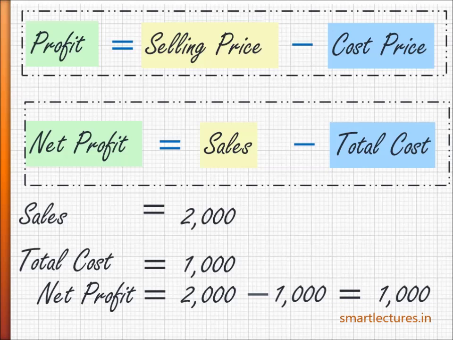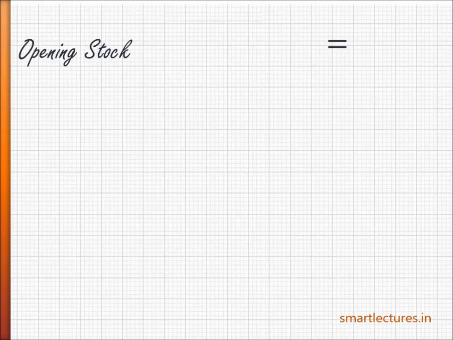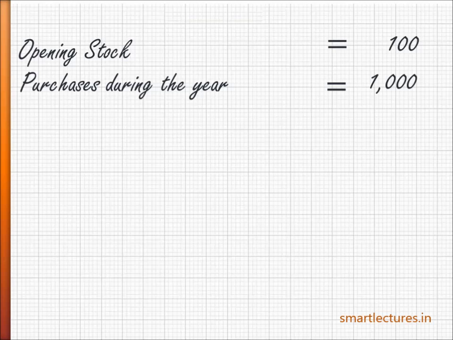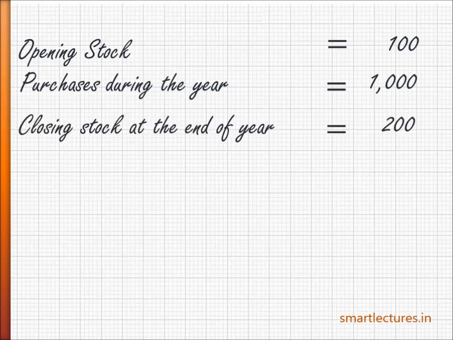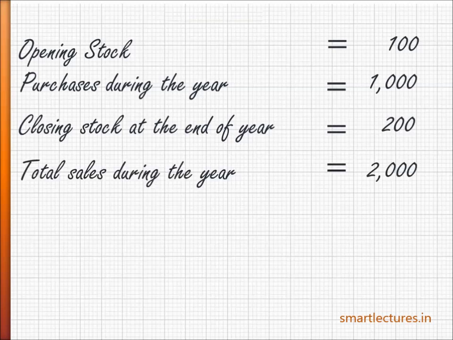Let's change the situation. Suppose in our factory or in our company, the opening stock was rupees 100 and the purchases during the year rupees 1000 and closing stock at the end of the year was rupees 200 and the total sales during the year were rupees 2000. So what will be the net profit? In the beginning the stock was 100 and then we bought other items for rupees 1000.